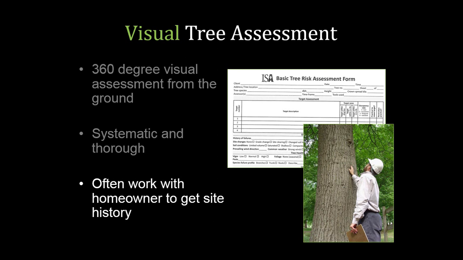And then you don't see anything because everything's underground and the grass looks great, but underneath is some root damage that was caused by construction. So these are questions that a homeowner can give you the answer to, and you would never have seen unless you had done a real thorough assessment that you almost never have the time or resources to do.